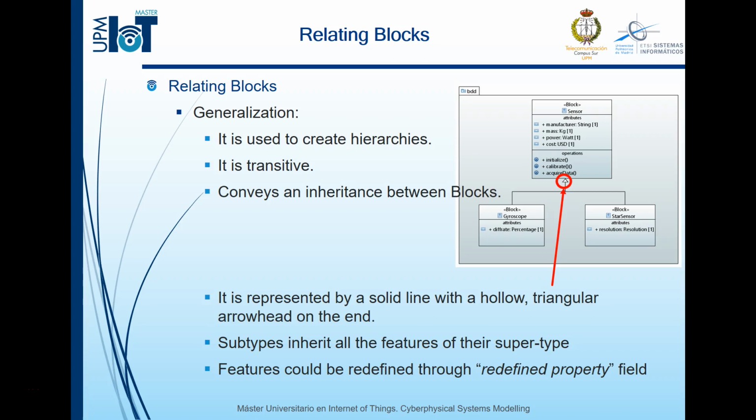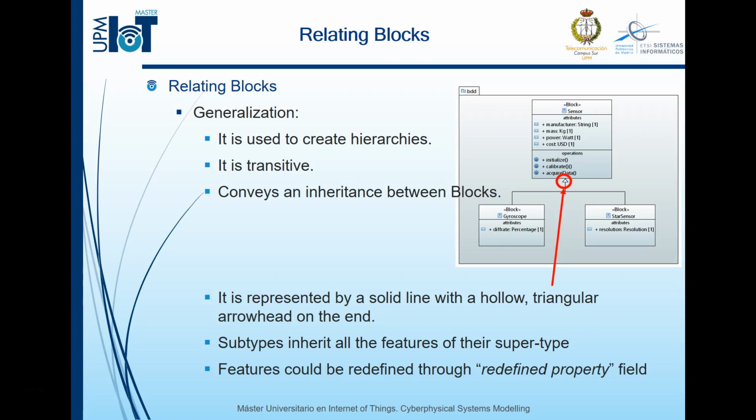Generalization is a transitive relationship. That means if we have a root block as the root of the hierarchy, and this root has some children, and for example the gyroscope could also have some children, that means that the children of gyroscope will also be children of sensors.